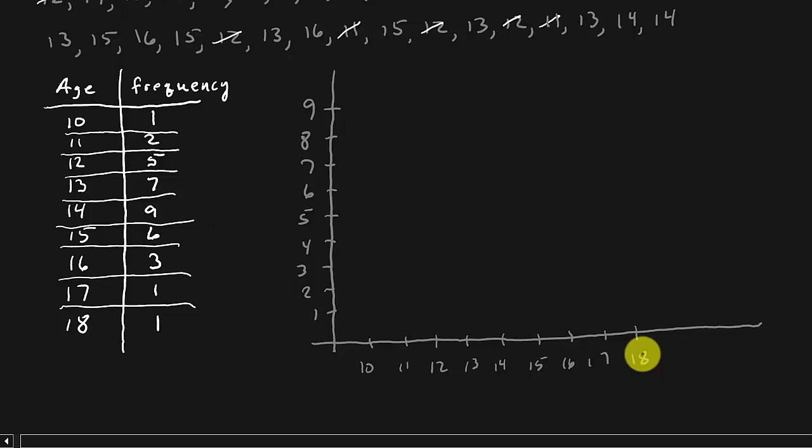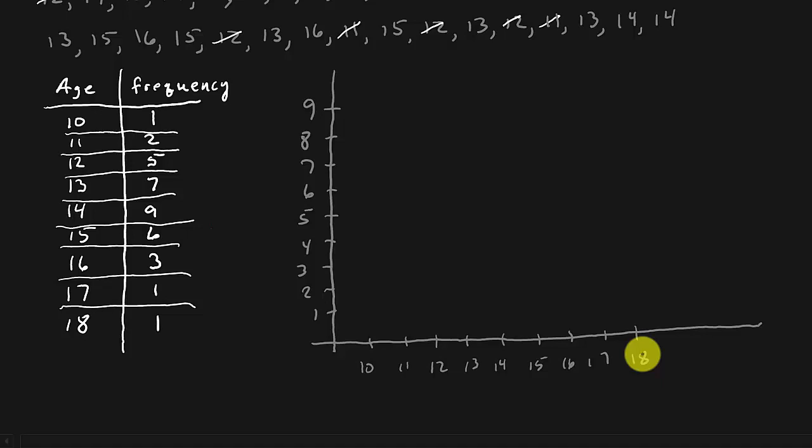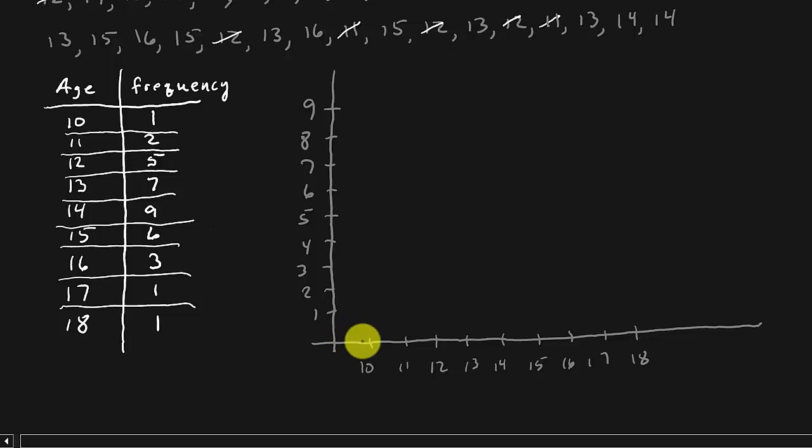And on a histogram, remember, the bars that you draw have to touch. So you can see here on the 10, this bar would go to a height of 1, because the frequency is 1. And then for 11, that would go up to 2. The 12 would go up to 5.